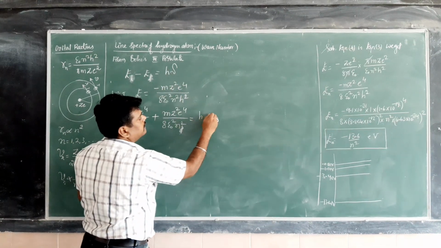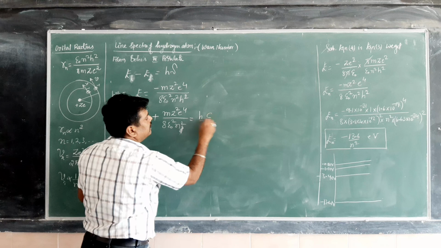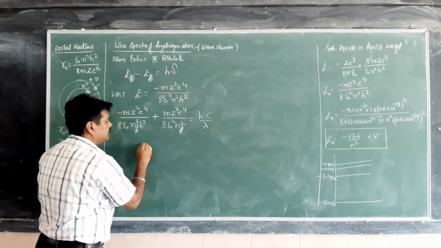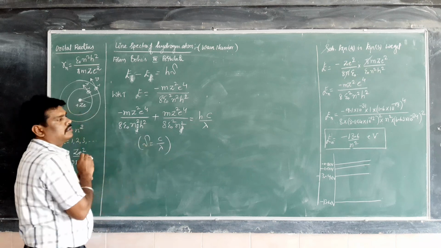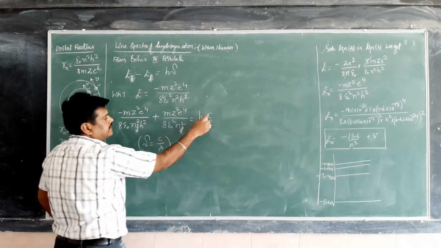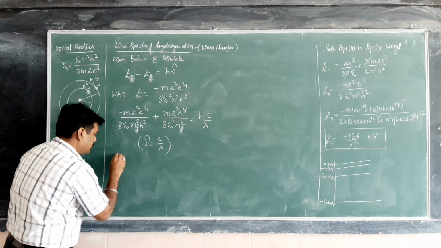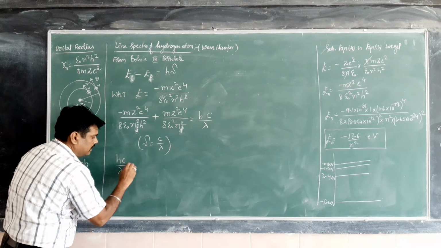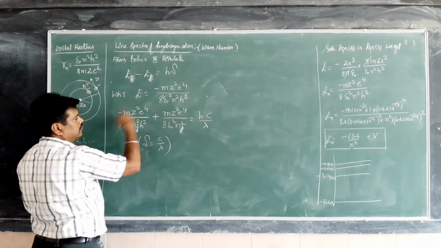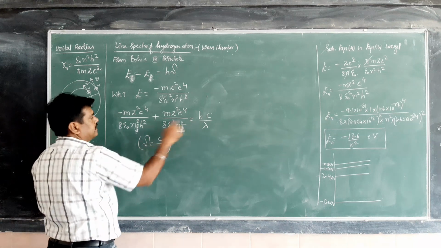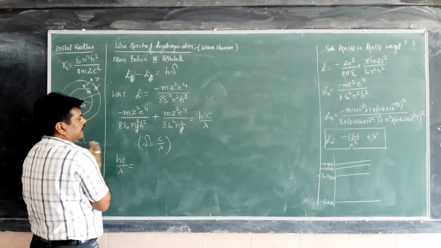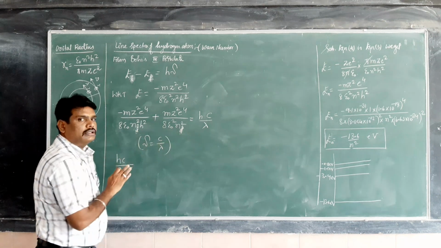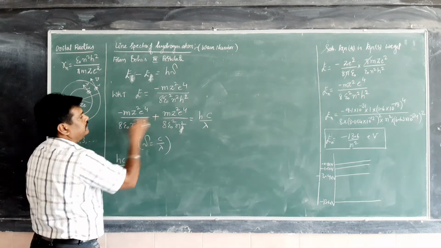What is nu? Nu is equal to c by lambda. So the formula becomes hc by lambda. Hc by lambda is equal to, on the right hand side, I will take this as the first and this as the second term. We take the common factor. Except Ni and Nf, all other quantities are similar in these two terms.